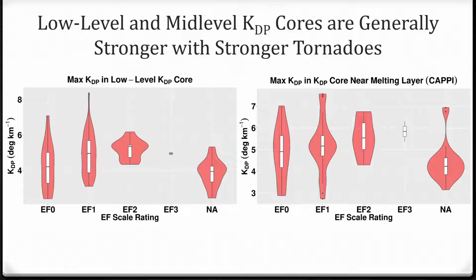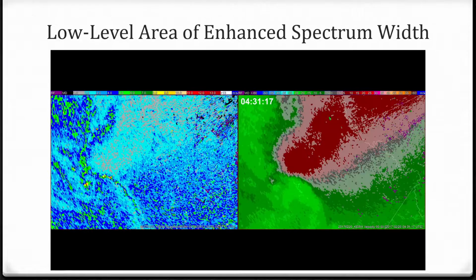But you can imagine that if we were going to compare maybe EF1 and stronger tornadoes compared to the non-tornadic, which is shown by the NA down here, we might have even stronger statistically significant differences than when we look at EF0 and stronger tornadoes altogether, like was shown on the previous graph.